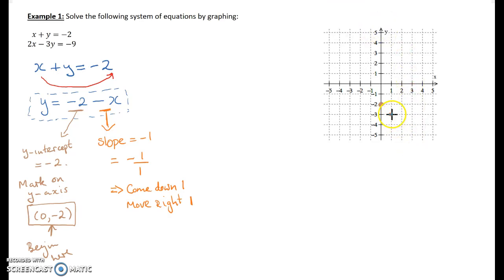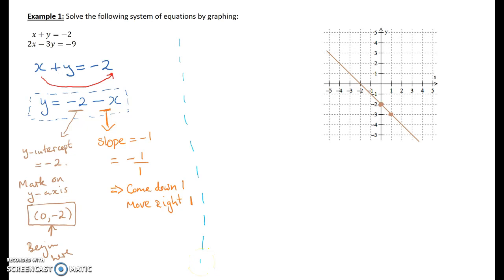And we'll try and get it as accurate as we can. Okay, and we'll stretch it on out in this direction if we can. Okay, so there's that line. Now, that was the first equation, and we're going to go now and see what happens if we draw in the second equation as well.